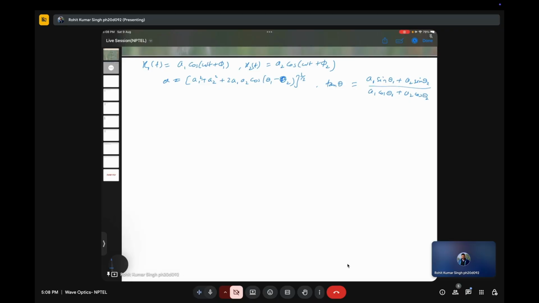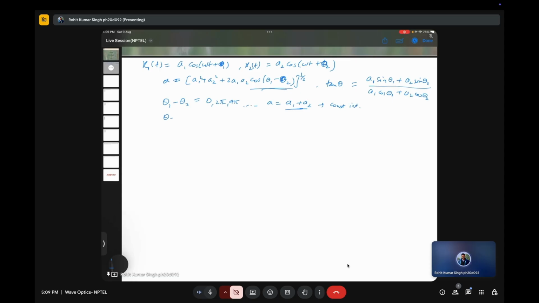This we derived last time. What we can see here is that if the difference of angles, theta 1 minus theta 2, is equal to 0, 2 pi, 4 pi, the amplitudes get added up, and this we called constructive interference.